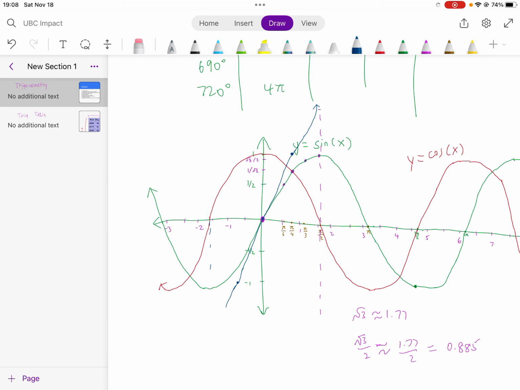Okay, I should use purple to be consistent. The new asymptote is right here now. It will go and approach that, but it will never reach it. So yeah, that's the tangent graph.